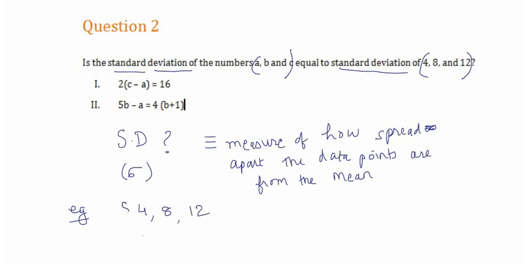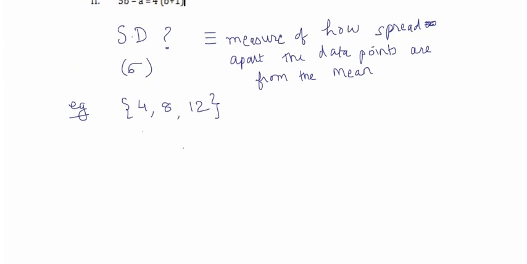Let me take that the three data points are 4, 8 and 12, and we need to calculate the standard deviation for this. Okay, so now mean is nothing but the average of these three numbers, which is 4 plus 8 plus 12 by 3, which is 12 plus 12, 24 by 3, which is 8.